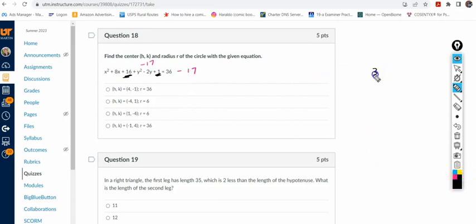Okay, so 36 minus 17. 16 minus 7 is 9, and 2 minus 1 is going to give me 19. Those are gone.